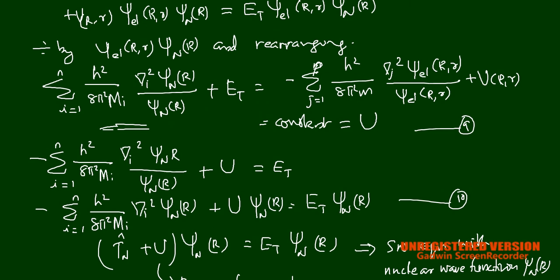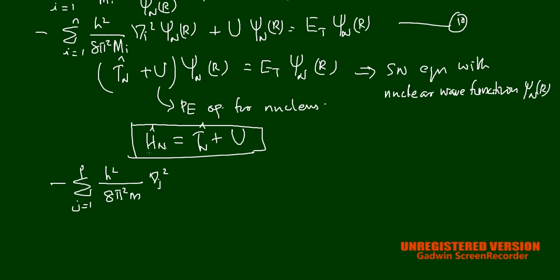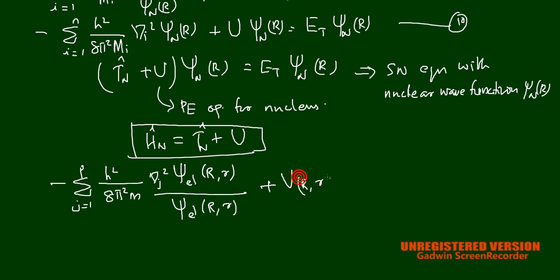Del j square psi electronic R R divided by psi electronic R R. Then what was remaining there in that equation? That is equal to plus V R R is equal to U. That is equal to U.